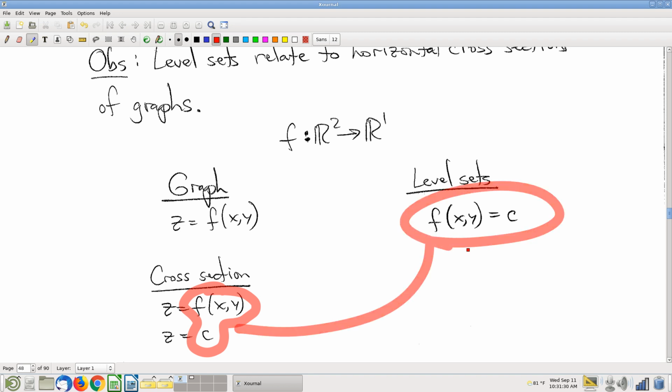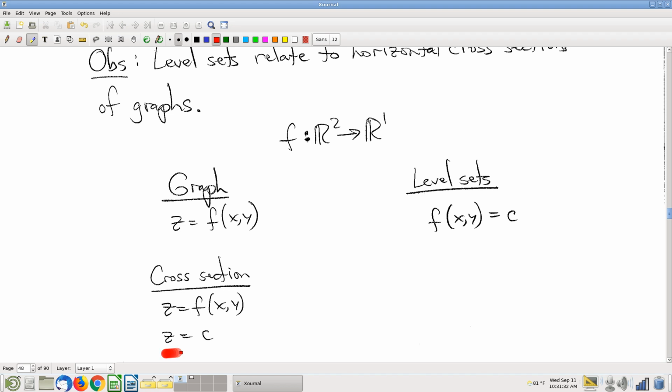That's kind of weird, right? So tacking on this additional equation turns graphs into level sets. And what is this equation? This is a cross-section, right? We talked about that a couple lectures back. This is that whole business about taking horizontal slices, for example.